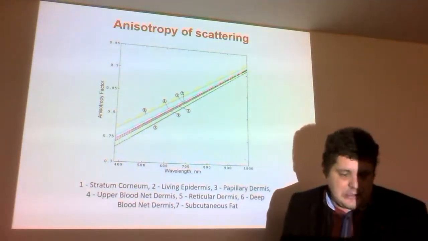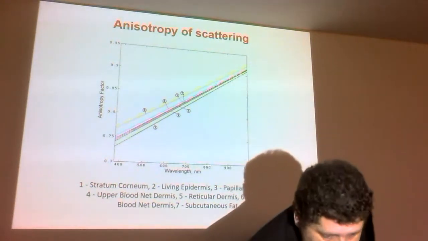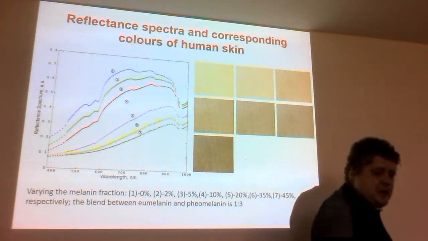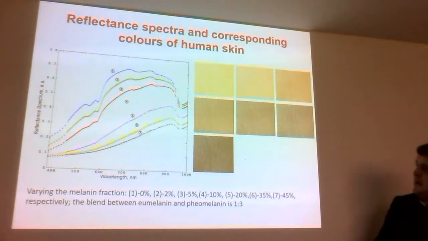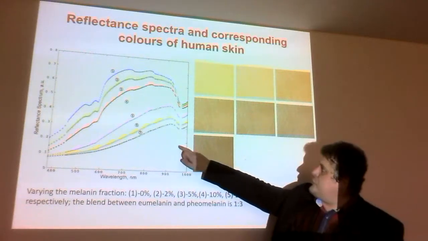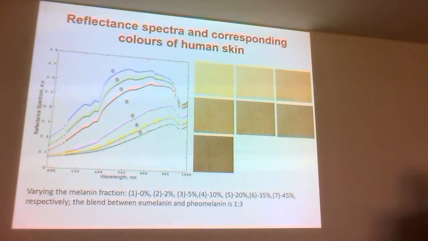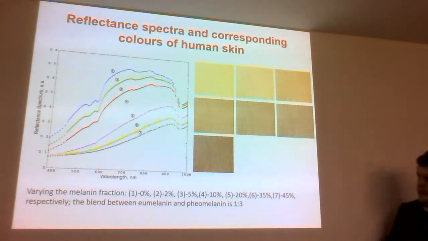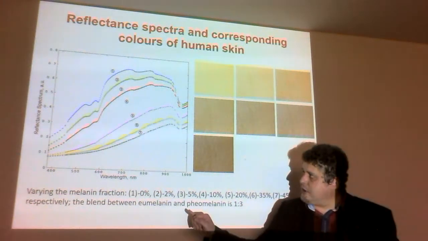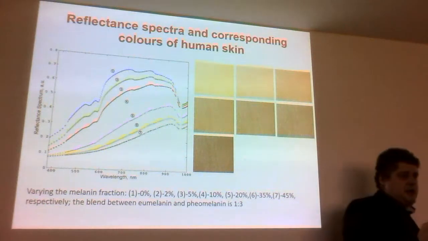And thus, when using this Monte Carlo, we're able to predict how the reflectance spectra are changed when the light is reflected from the skin, and we're able also to predict how the color of skin is changed. For example, this picture shows how the color is changed with the changes of melanin concentration in the epidermal layer.